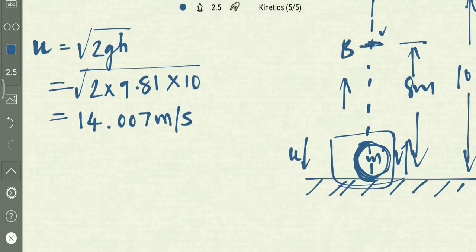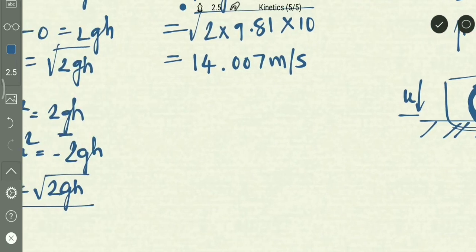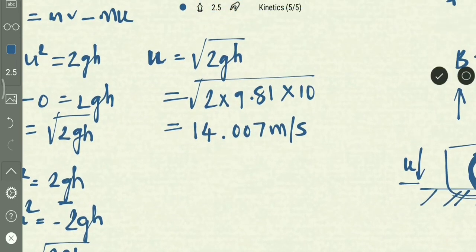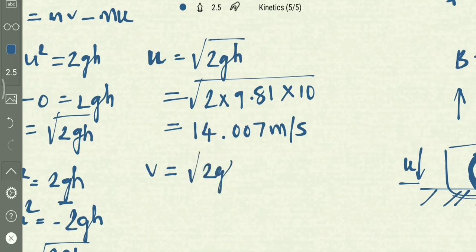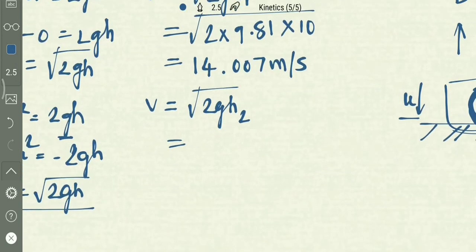In this case, the body is thrown with a velocity v. The body is hitting with a velocity u. For the body to travel 8 meters, it must travel with velocity v. So here v is equal to the square root of 2gh. Let us say this is h1, which is 10 meters, and this is h2, which is 8 meters.